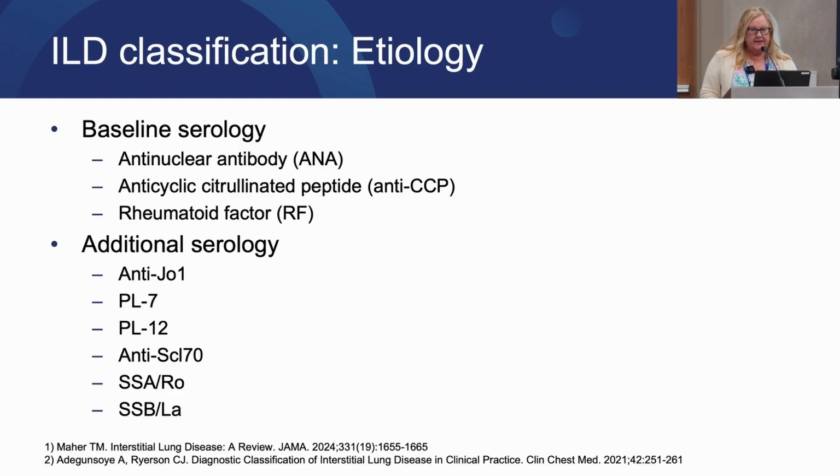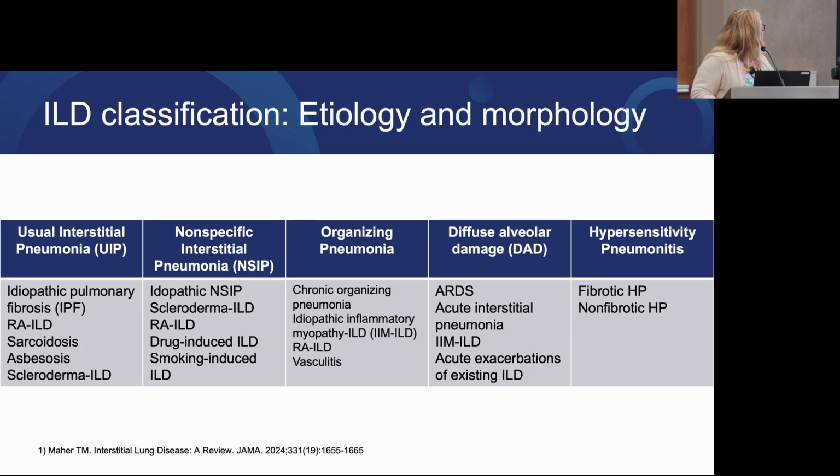We have patients in our clinic that we're seeing with scleroderma, and these can be really tough patients. So, getting the antibodies, being able to help figure out the picture as well, certainly is going to help our pulm colleagues. The continuation of the etiology and morphology, as Corinne was talking about, different patterns with interstitial lung disease.